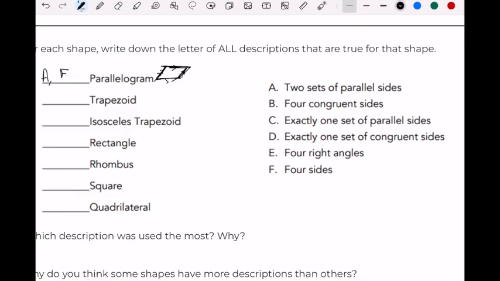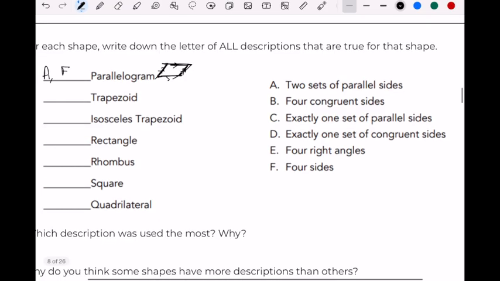Do I have four right angles? No. Do I have four sides? Yes. A trapezoid: I don't have two sets of parallel sides. I don't have four congruent sides. I have exactly one pair of parallel sides, and I have four sides. An isosceles trapezoid. A trapezoid is like a normal thing like this.